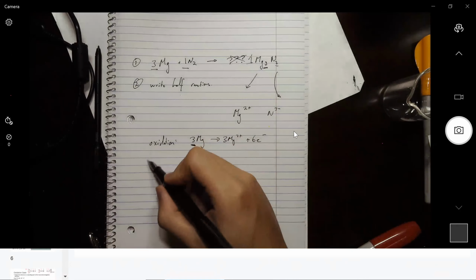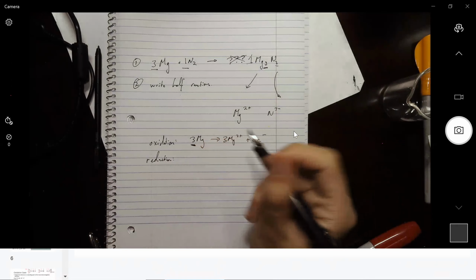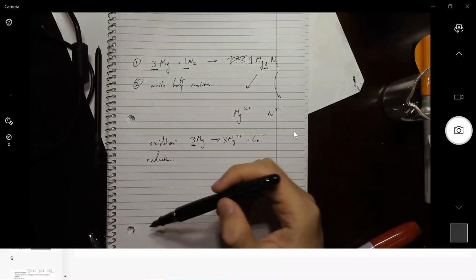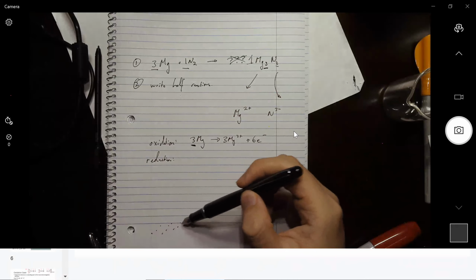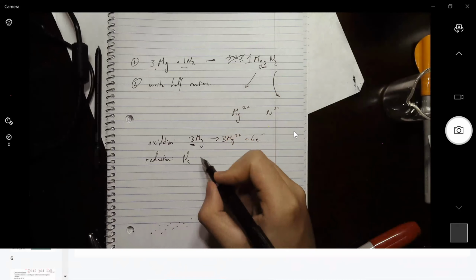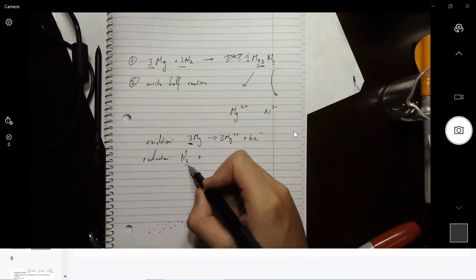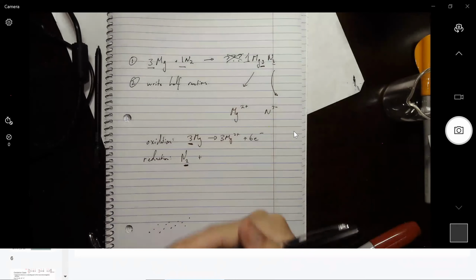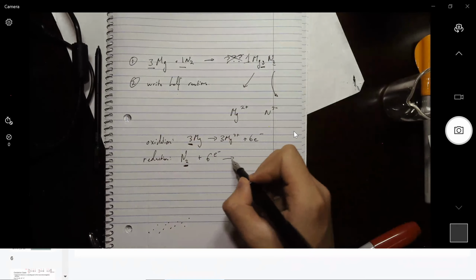And what about the reduction half reaction? Great. So we have nitrogen gas. However, we need to multiply the 3 by 2 because we have 2 nitrogens. So each nitrogen is gaining 3 electrons, and we have 2 of them. So it should be plus 6e minus.